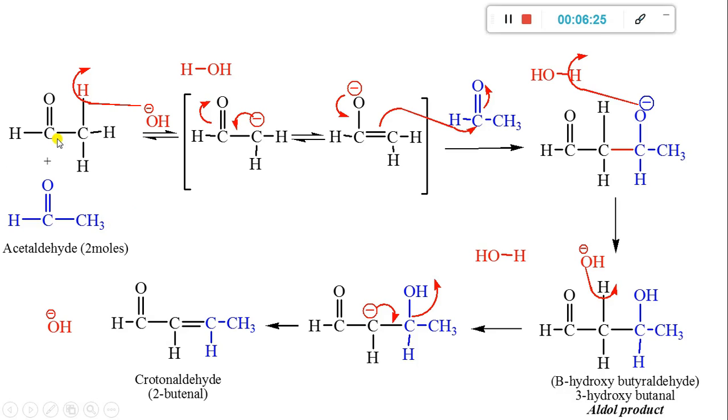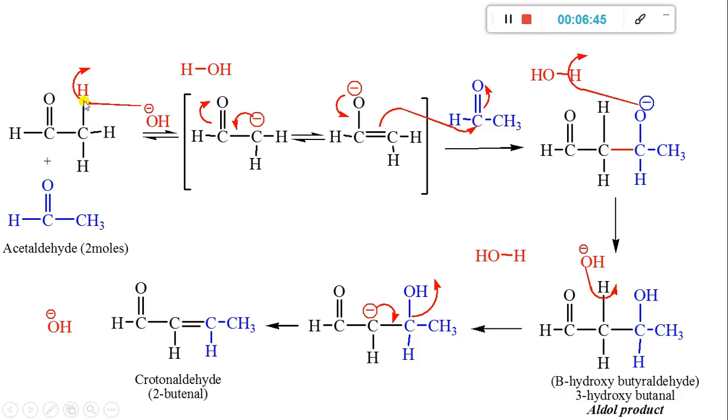Should we have two molecules of the same compound, aldehyde or a ketone, doesn't matter, both of them containing alpha hydrogens in the presence of OH minus or dilute base.